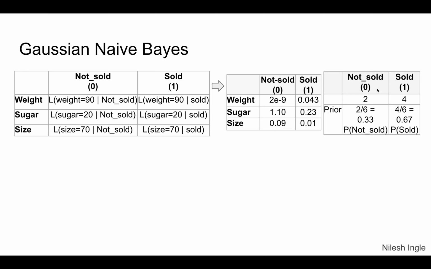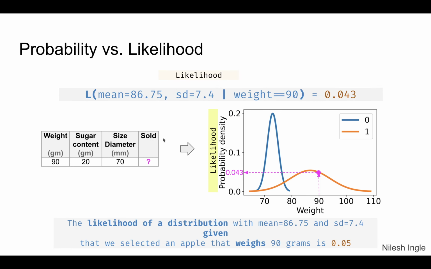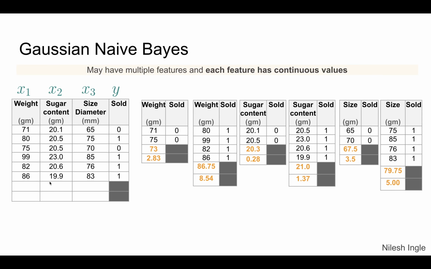Now we also know the priors. Priors are the probability for each of the classes to exist. So in total, if you look at all the data points in the main plot right here, we have 1, 2, 3, 4 samples that belong to class 1 and 2 samples that belong to class 0.